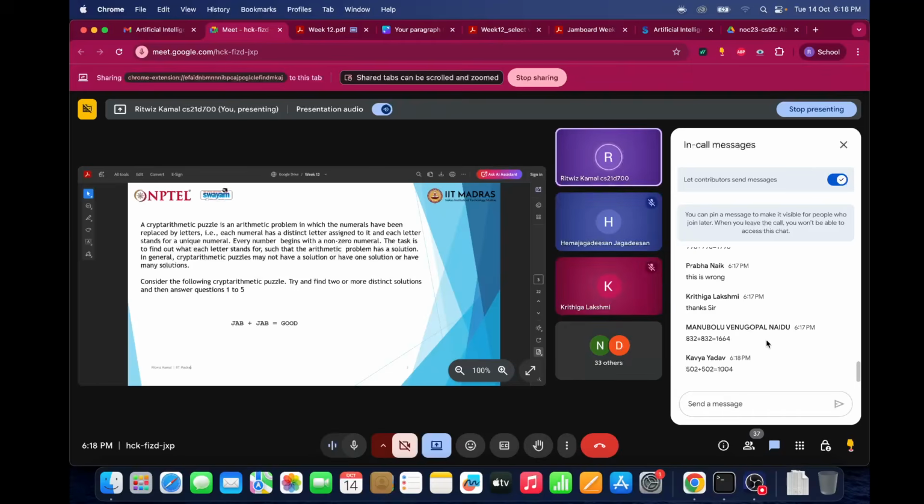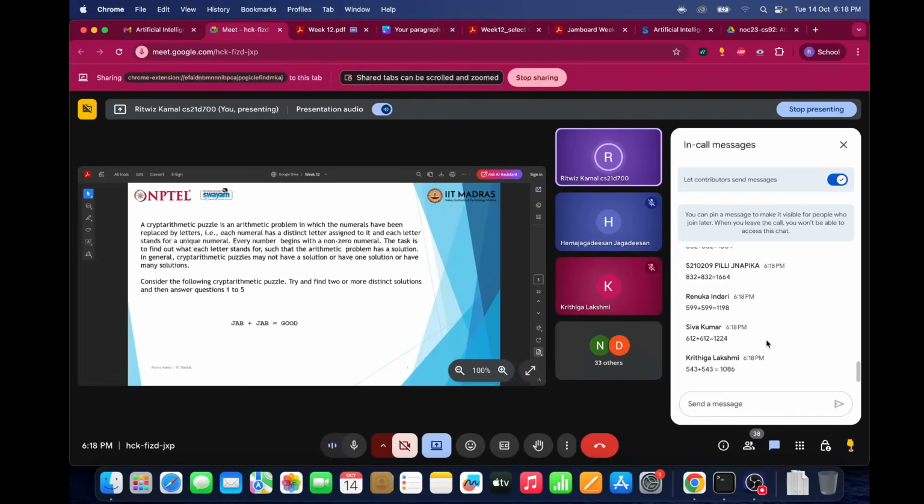So I see a lot of solutions in the chat box that seem to violate some of the constraints that we had discussed. So I'll reiterate the constraints. Each alphabet must have a unique assignment, which means if A is assigned a number, B cannot be assigned the same number, G cannot be assigned the same number. This is very important. The second constraint that is important is we cannot assign any alphabet the value 0. 0 is not something that is available to us.